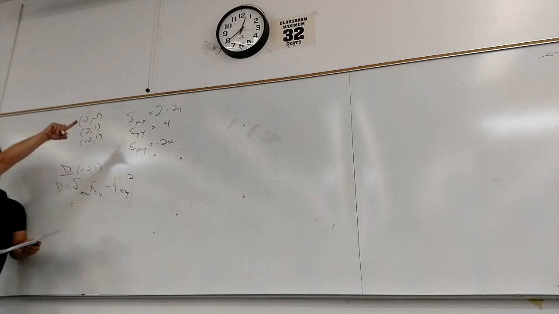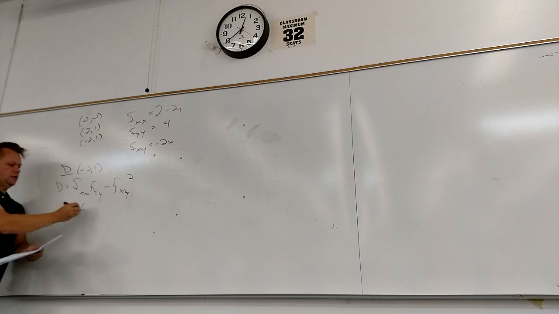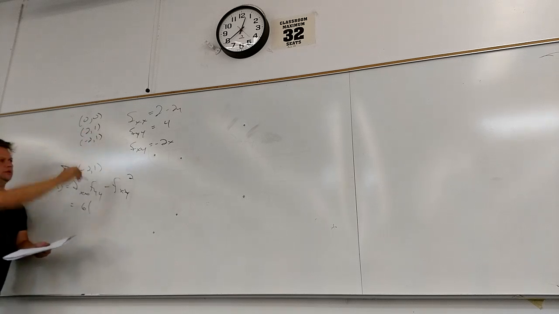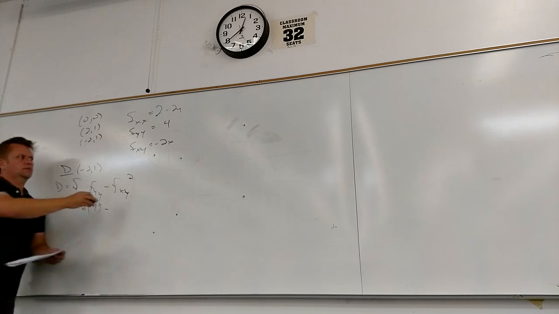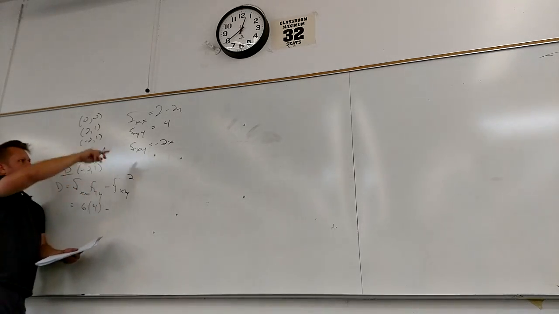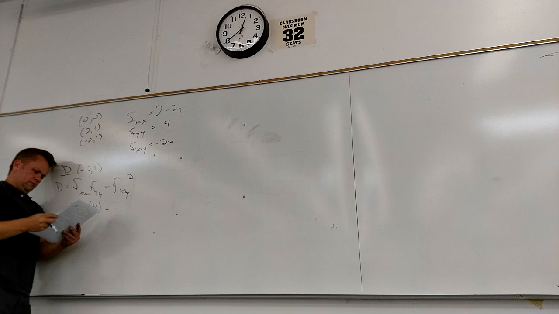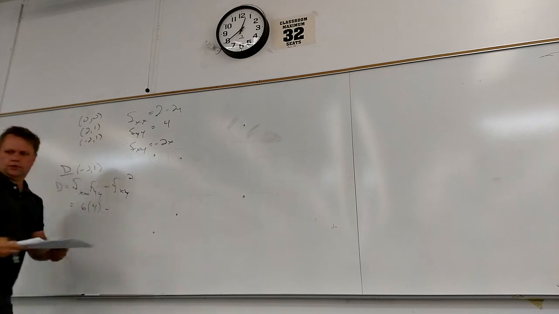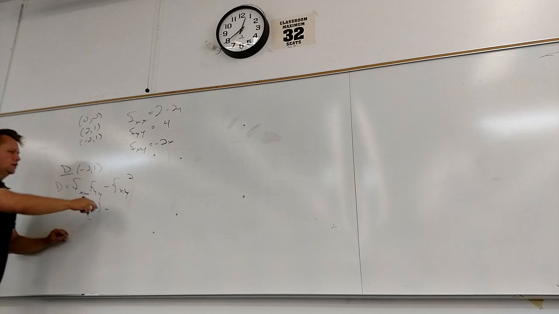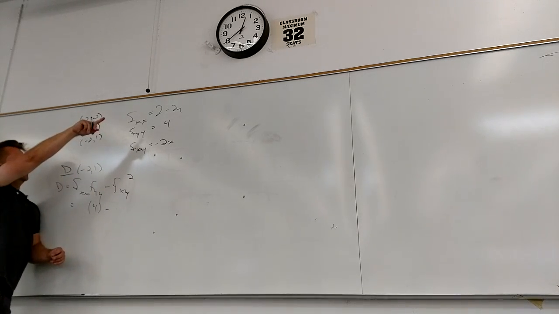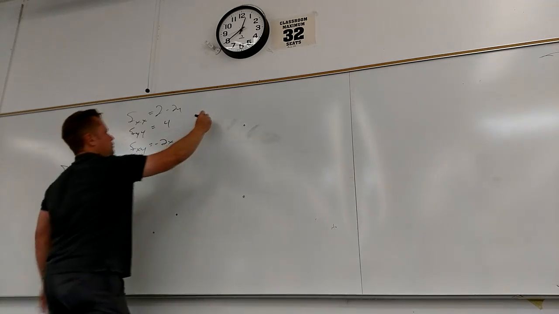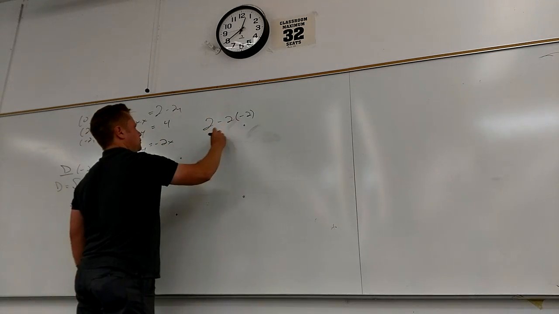Negative 2 plugged in there, so it'll be 2 plus 4, 6 times 4. Was there this one that it happens on? It's not this one. I forget where it is. It would have a 1. So it'd be 0. No, a negative 2, guys. So it'll be 2 minus 2 times negative 2. It'll be 2 plus 4.